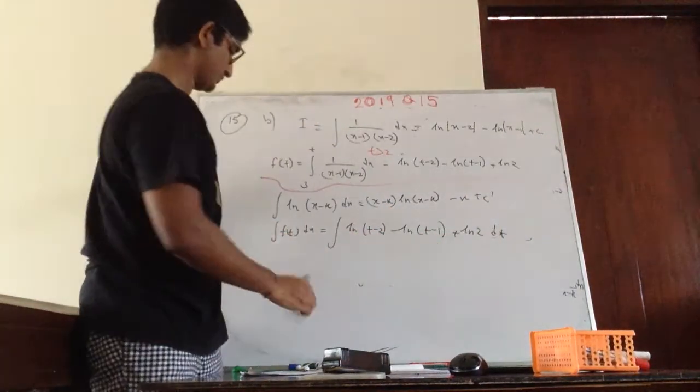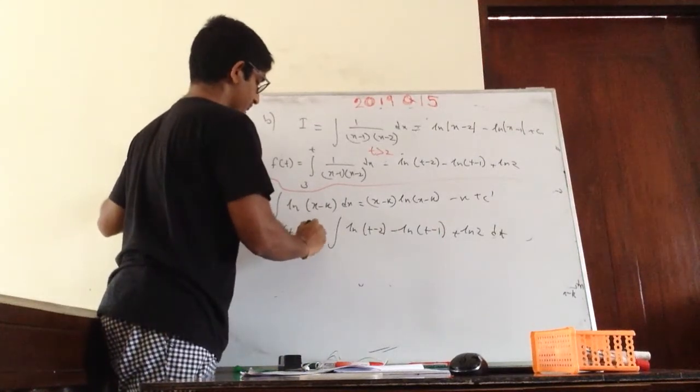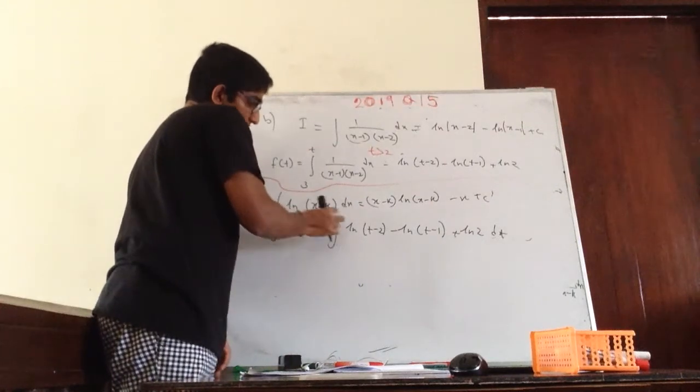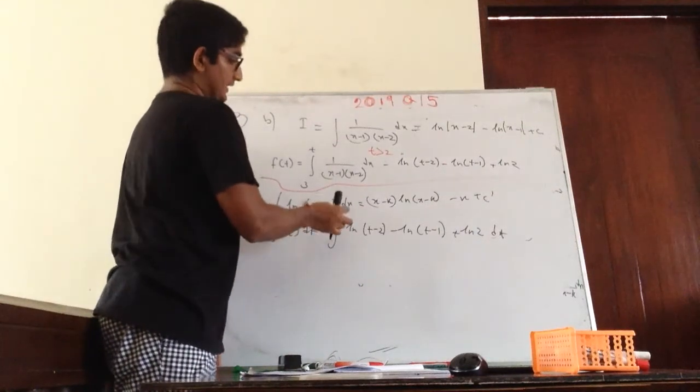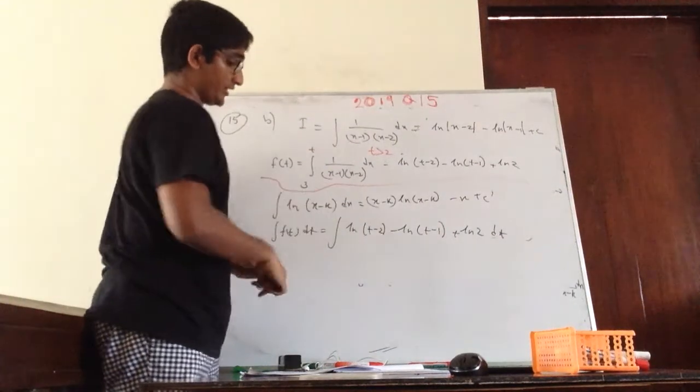So this is f(t), no? So now we can use this. We know the integration of ln(x minus k), right? It is this.